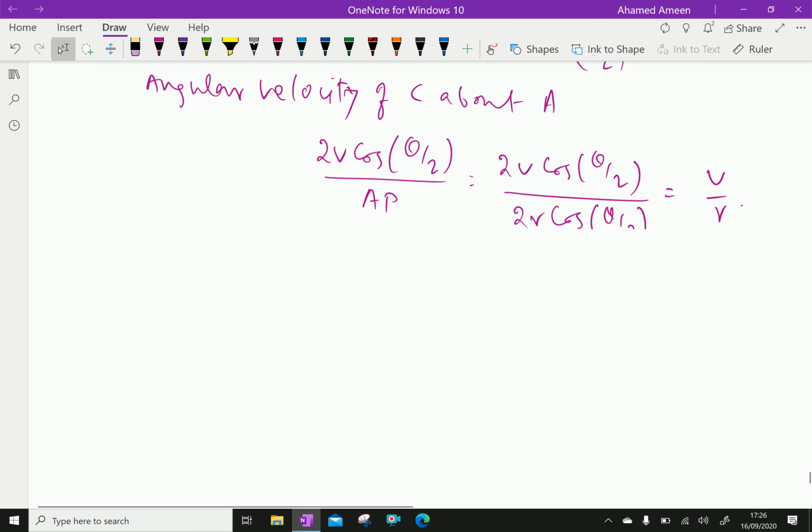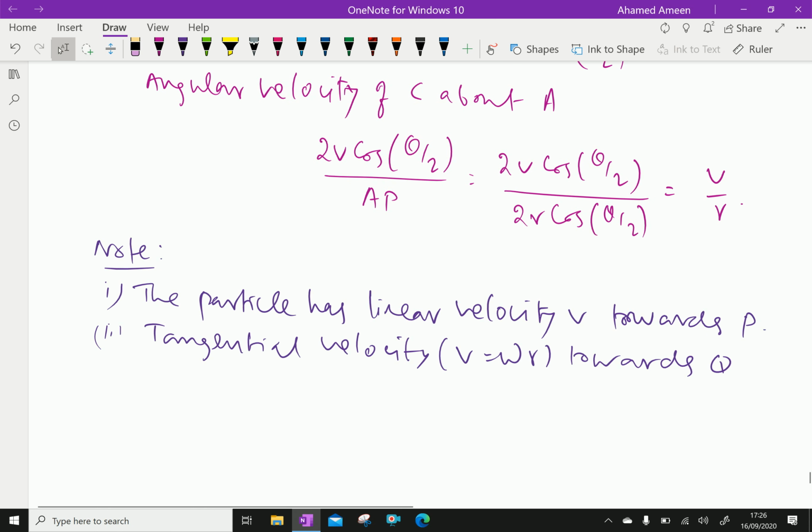Since the velocity towards Q and the velocity towards P are equal and opposite and collinear, their resultant is 0.